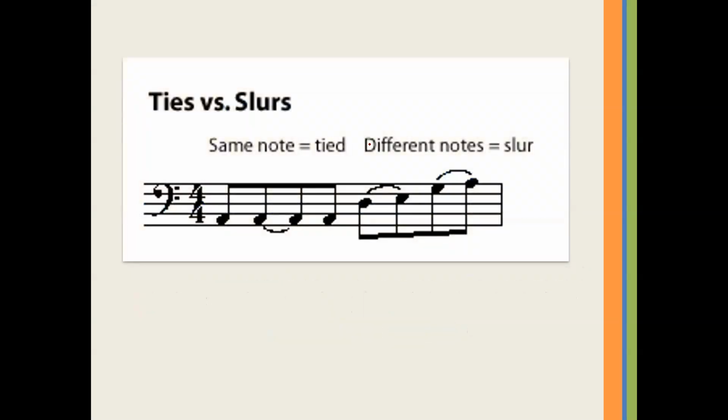So that's the difference. Same notes that are tied, and here the notes are different, so we have a slur. I think everyone understands that.